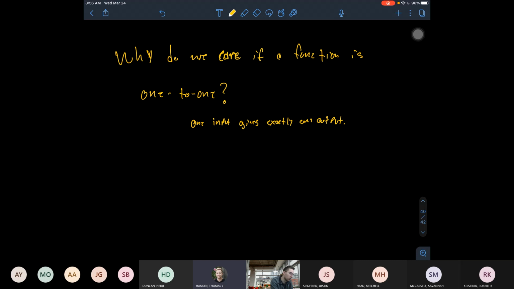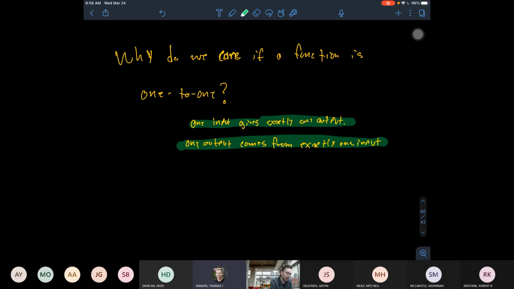It says also that one output comes from exactly one input. Does the difference between these two statements get you thinking about anything in particular?